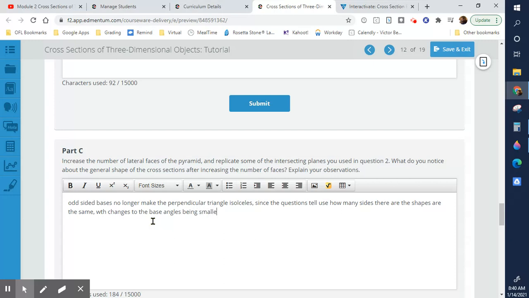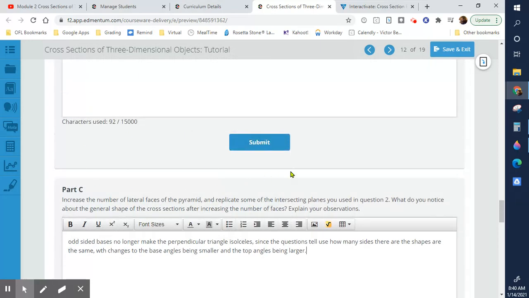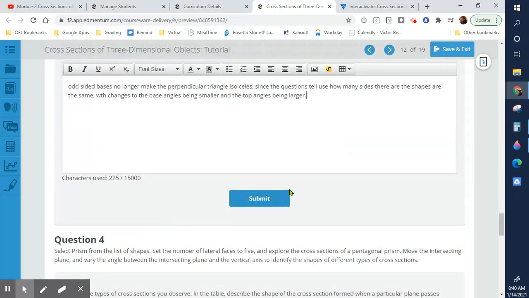So it does affect the figure we get, but it doesn't affect the actual shape. It's still a quadrilateral. It's still a hexagon. It's still that. So it does change it a little bit, but it doesn't change the type of shape. Note all types of shapes.